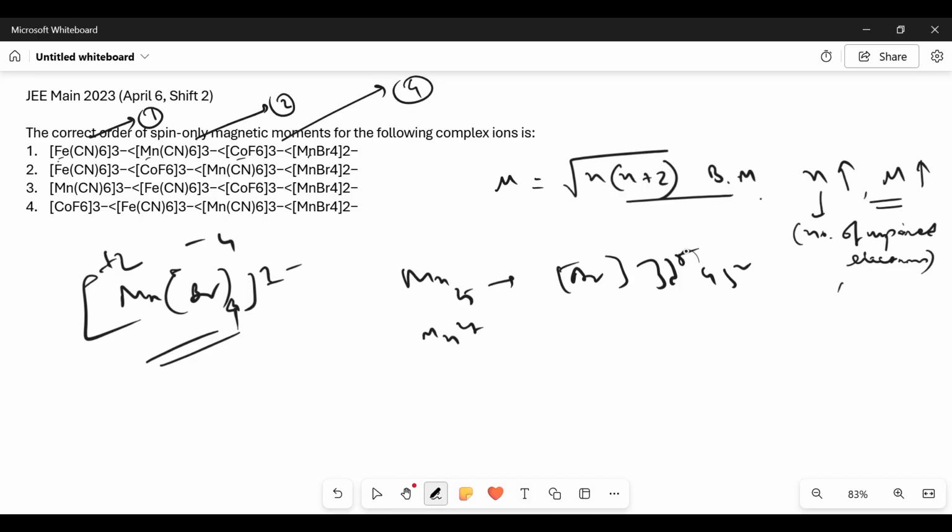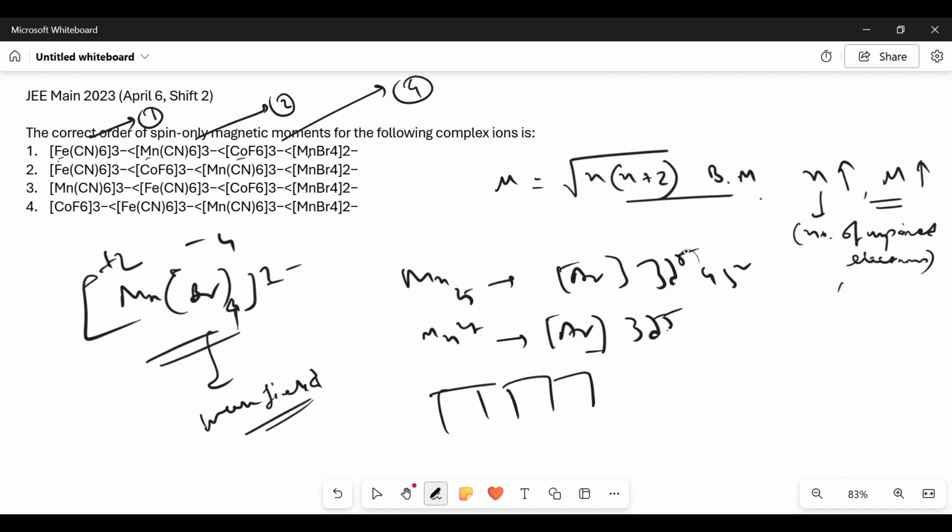So Mn2+ means Ar 3d5 only, and it will obviously form a high spin complex because Br is a weak field ligand. So outer d orbital complex, no need of pairing, same case. So in case of VBT, 1 2 3 4 5, 5 unpaired electrons.